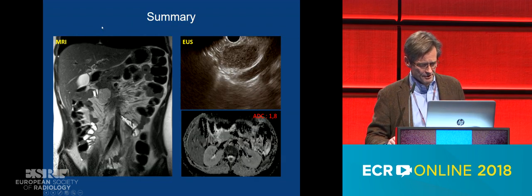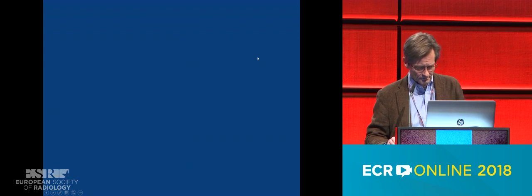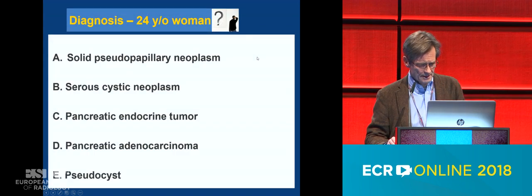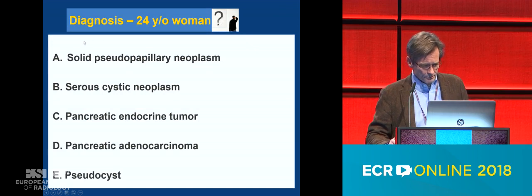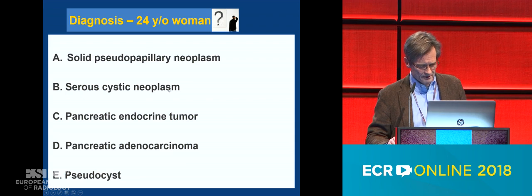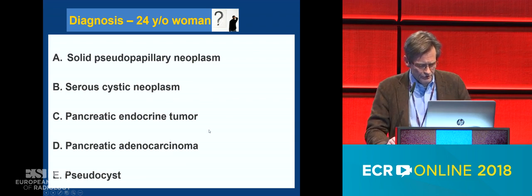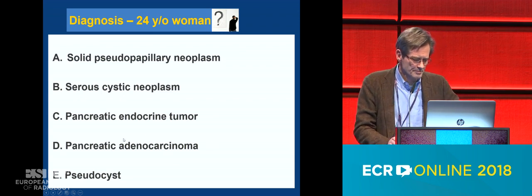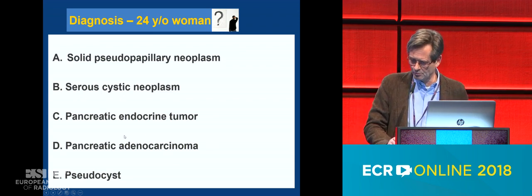So you have here the summary, the MRI on T2, the ADC level, and the US. So you have 5 proposals again: SPN, a serous cystic neoplasm, a pancreatic endocrine tumor, an adenocarcinoma, or a pseudocyst. So please vote now.